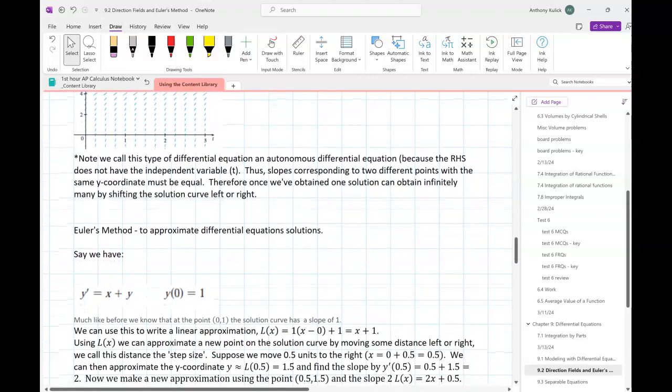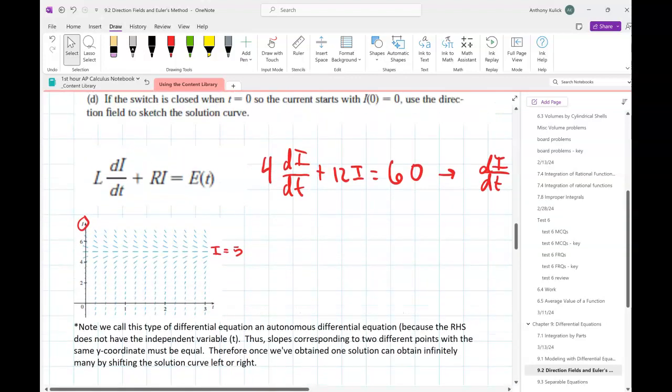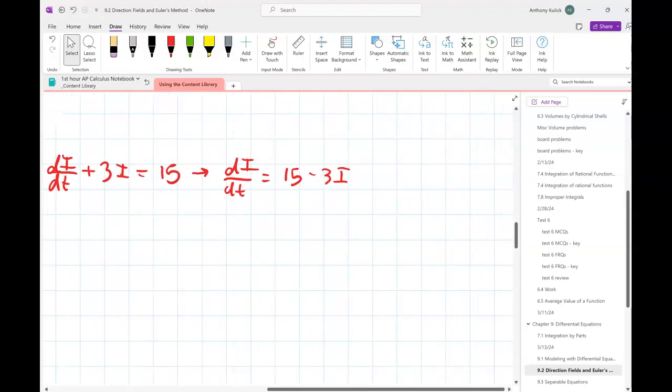So that type of differential equation we just looked at, we call an autonomous differential equation because there is no t in the right-hand side. This is di dt, but there's no t's over here.